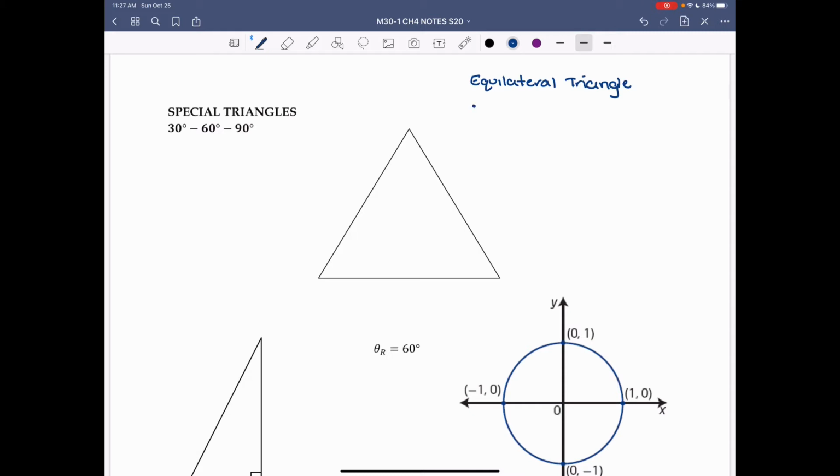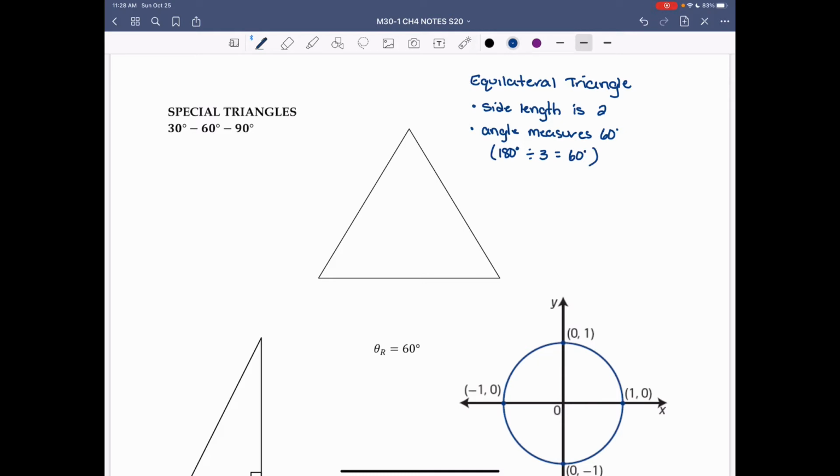In this case, the side length is 2, and then all equilateral triangles have angle measures 60 degrees. And this is because they all need to be equal and they all need to add to 180, and 180 divided by 3 angles gives us 60 degrees for each angle.